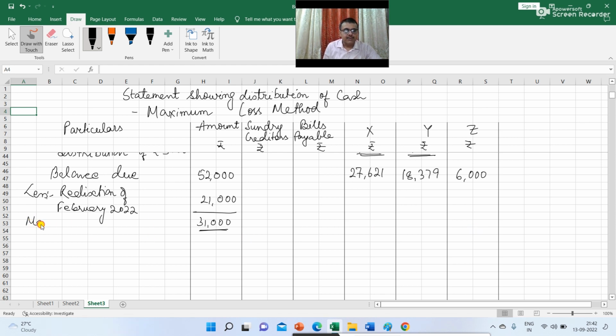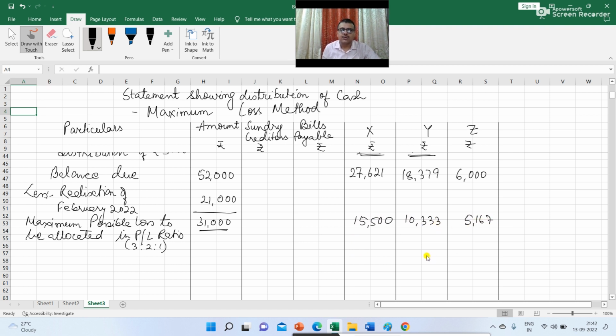So this is the maximum possible loss to be allocated in PL ratio, 3:2:1. So if you allocate this 31,000 in PL ratio, 15,500 is the loss of X, 10,333 is the loss of Y, and 5,167 is the loss of Z.